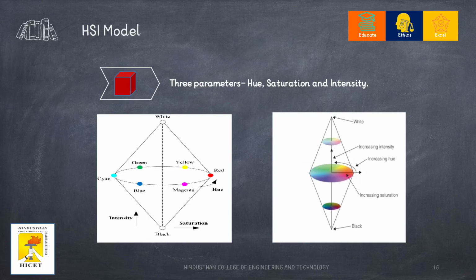The HSI model is considered as a cone where the coordinates R, theta and Z are saturation, hue and intensity respectively. This HSI model is popular because it is based on human color perception. HSI decouples the intensity information from the color, while hue and saturation correspond to human perception.